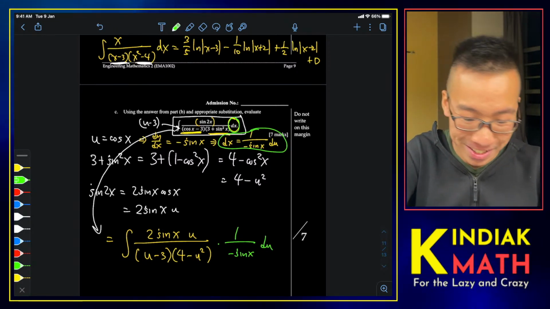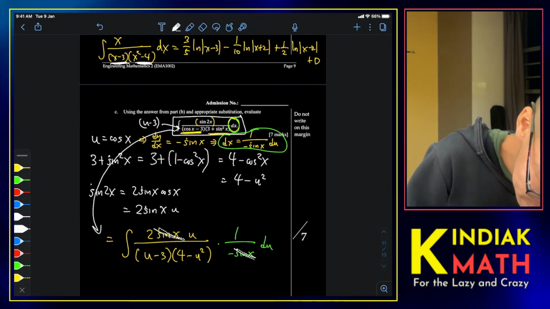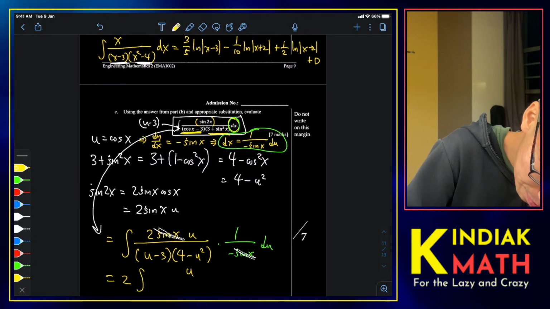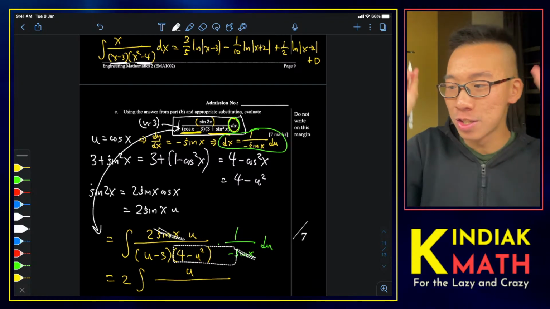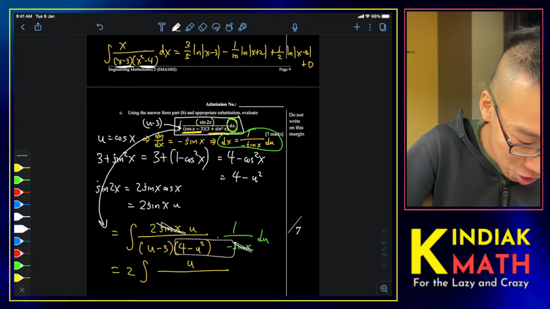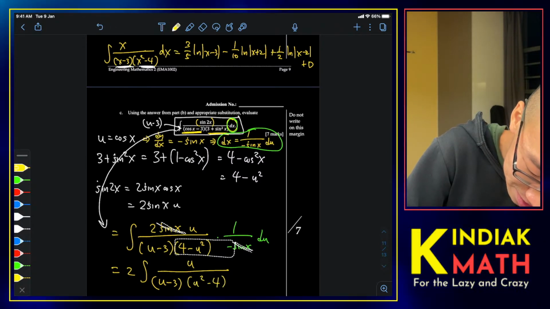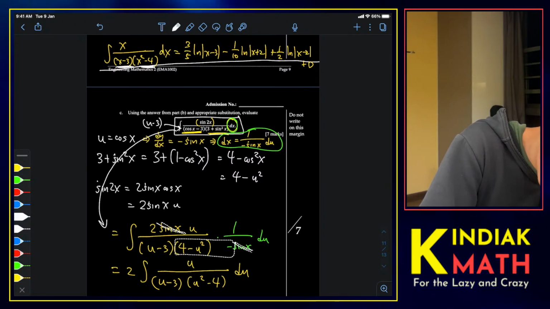It's pretty interesting. And the sine x's cancel out. The 2 gets brought forward, and the minus sign can combine with the 4 minus u squared to, check this out, give us exactly what we have on the top right over here.